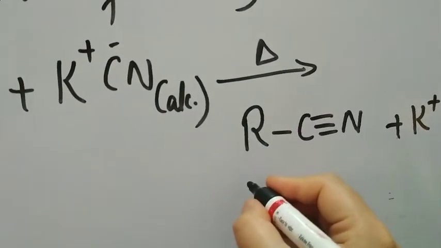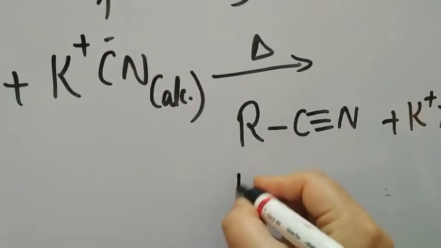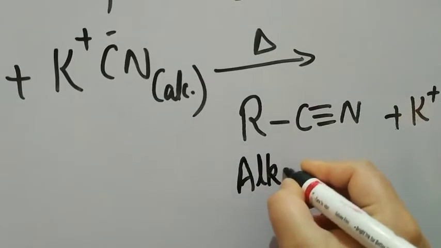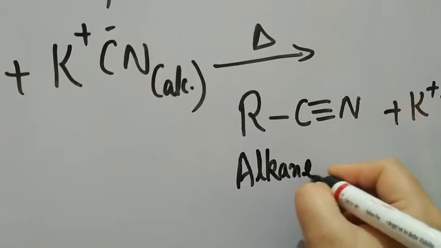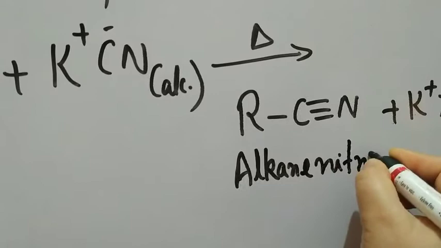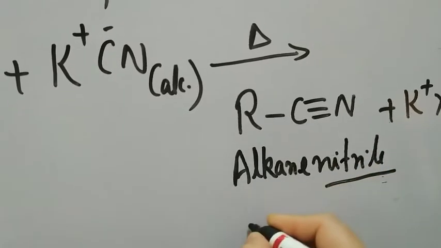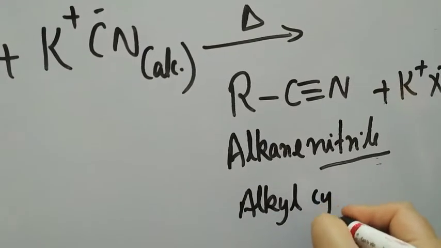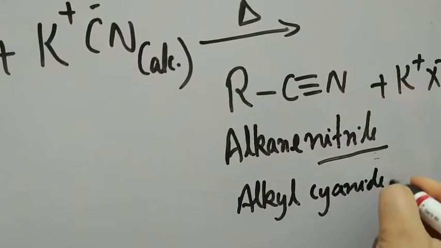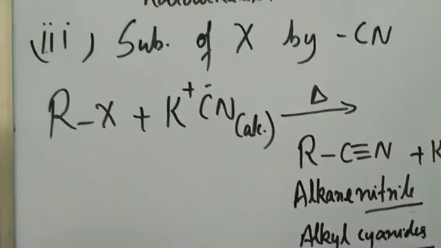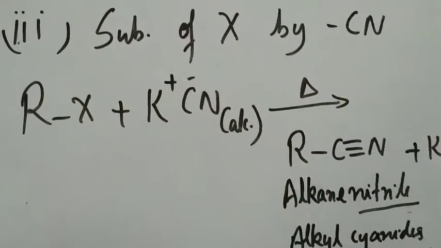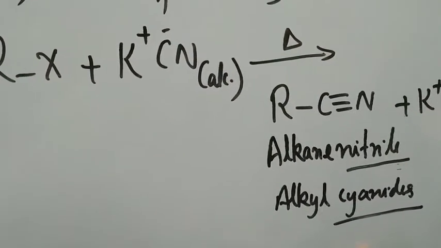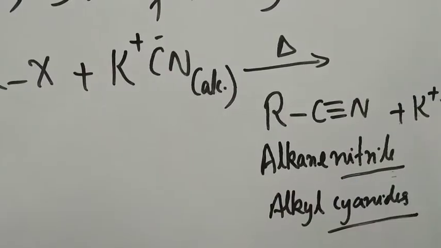What is this class of compounds? These are cyanides, and in IUPAC name we call them alkane nitriles. This is an alkane nitrile. In the common system they're called alkyl cyanides. So if you substitute X by a cyano group, the class of compounds obtained is alkane nitriles.